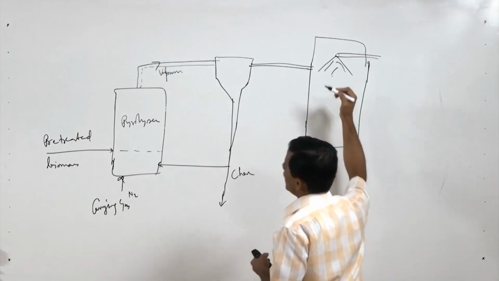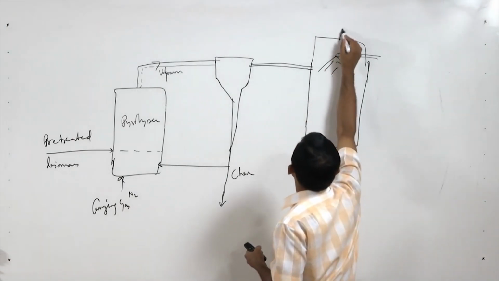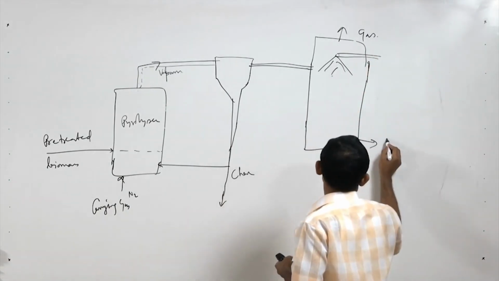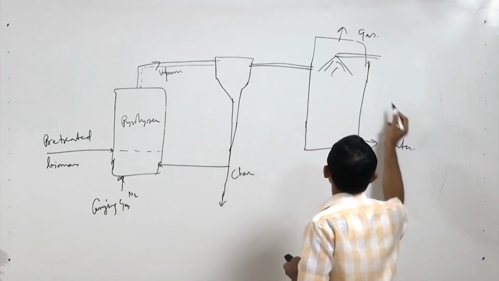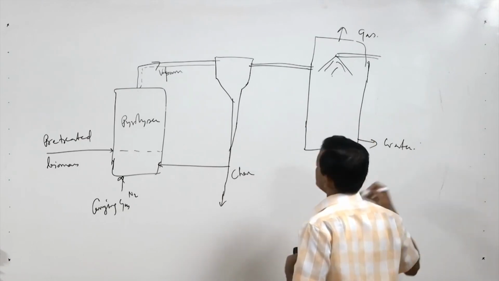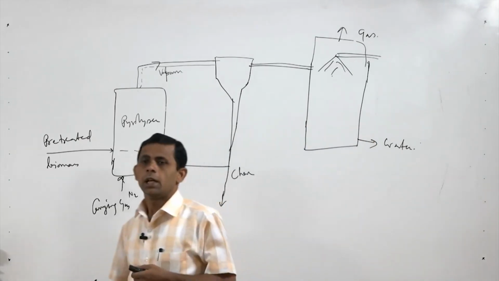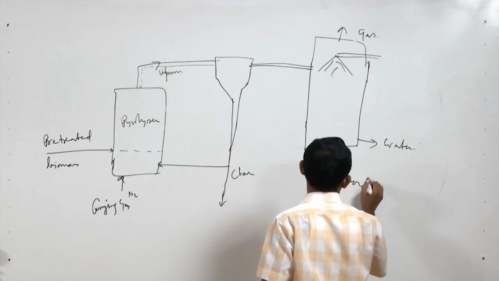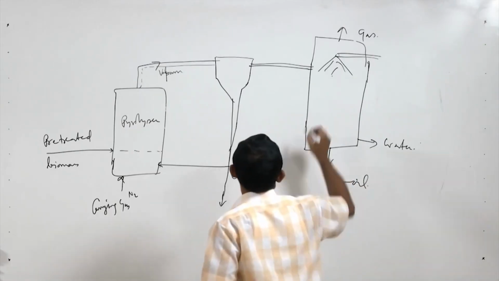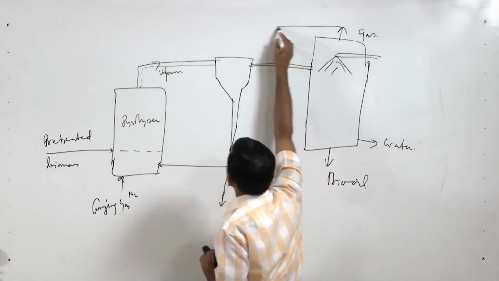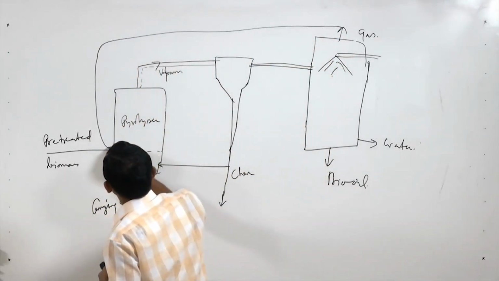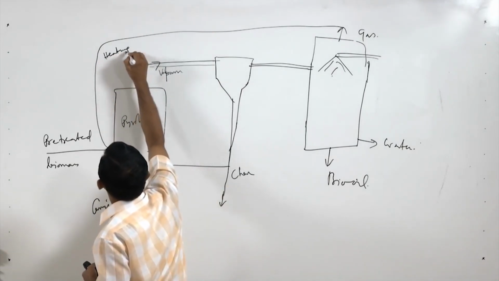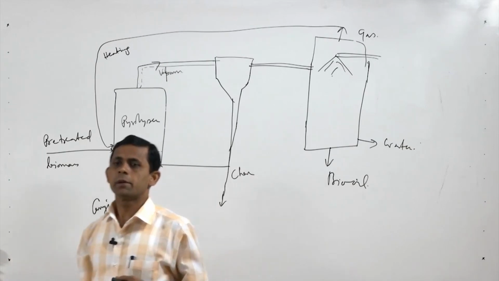The gas will be cooled and collected, and from the bottom we will get water that has some impurities and requires treatment, and we will also get bio oil. The gas which we are getting can be sent here and used for heating purposes.